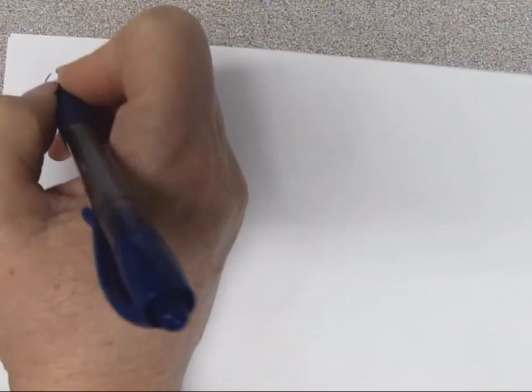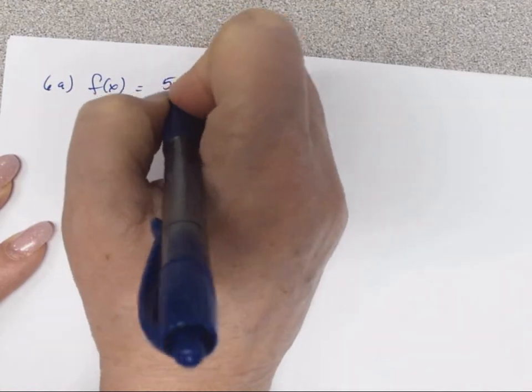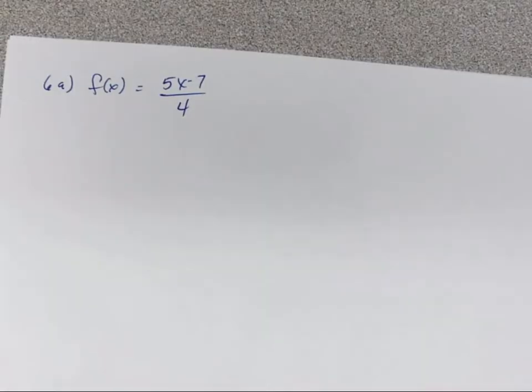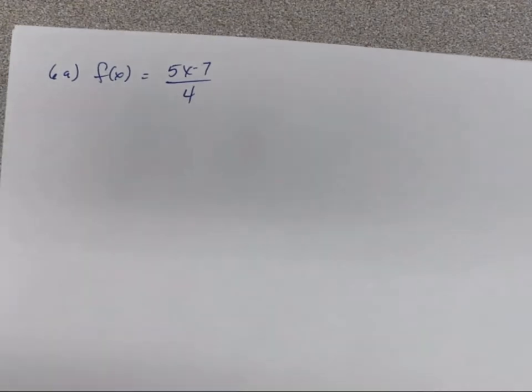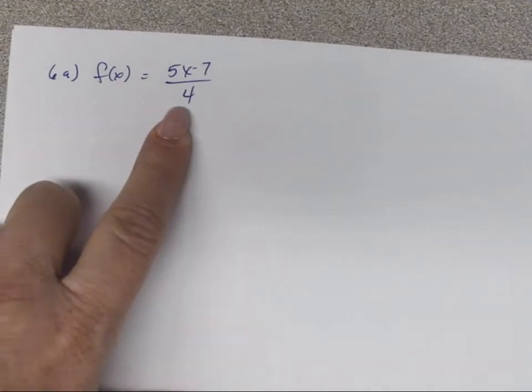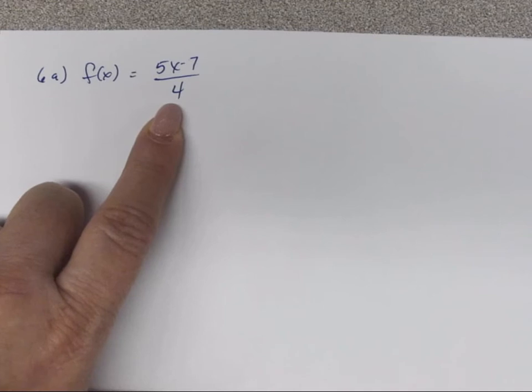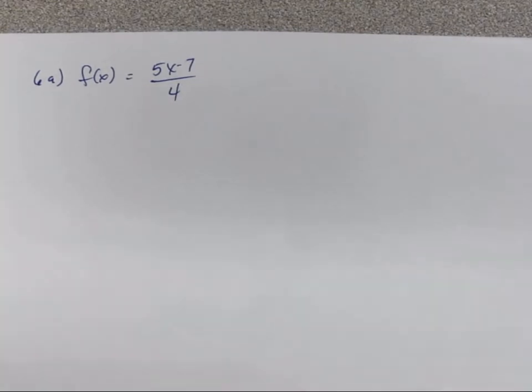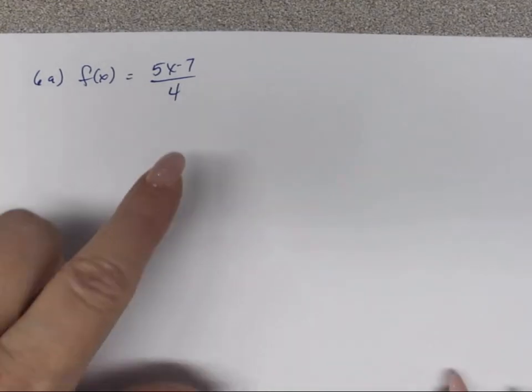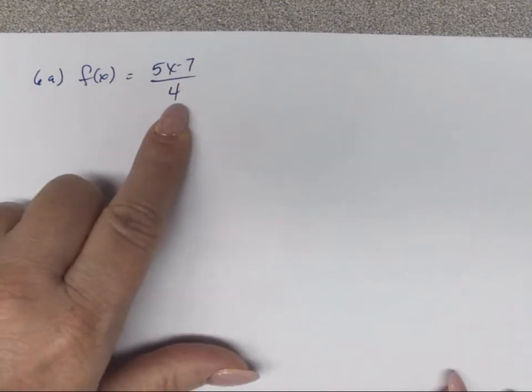All right, our next problem, we have f of x is equal to 5x minus 7 over 4. Here we are looking to find the domain. What is the domain of our fraction? So because we don't have a variable down here, because there's 2 things you look for in the domain of a function that has a rational function with a fraction.